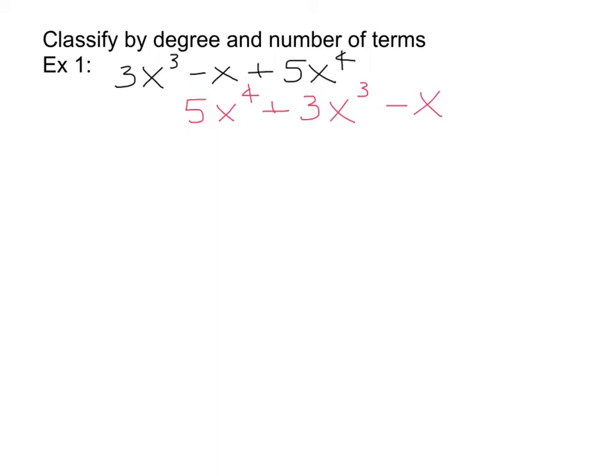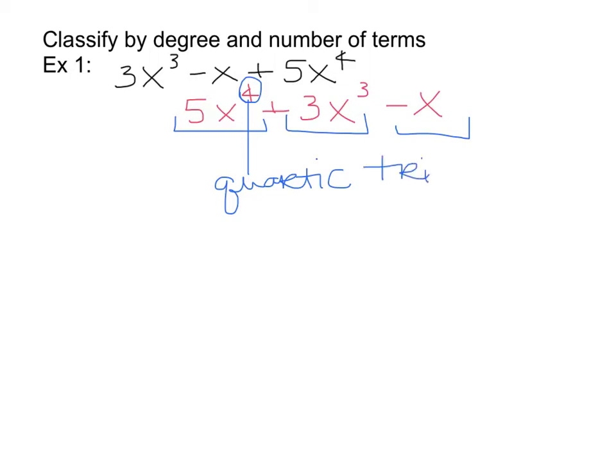So what I mainly care about is my highest exponent. The highest exponent is a 4, and so when we classify it based on the degree, 4 represents the word quartic. Okay, then the number of terms, there's the 5x to the 4th, 3x cubed, and then the minus x, so since there's 3 terms, this is considered a quartic trinomial.